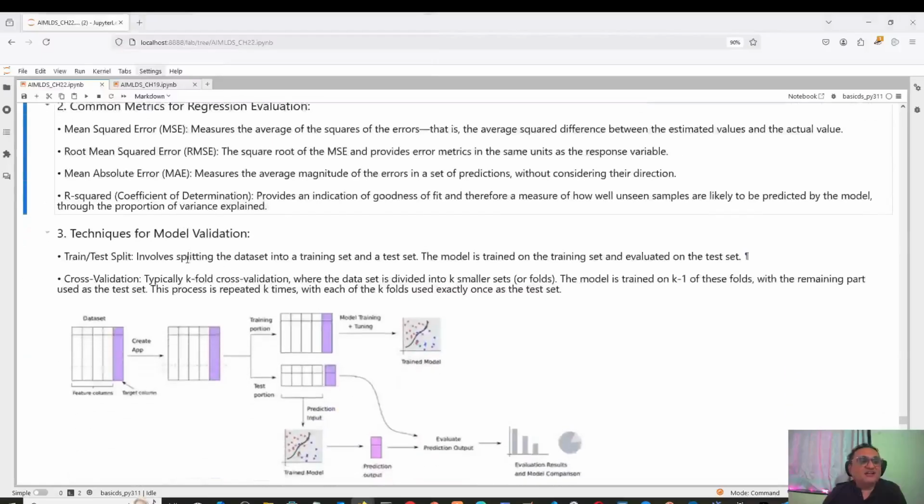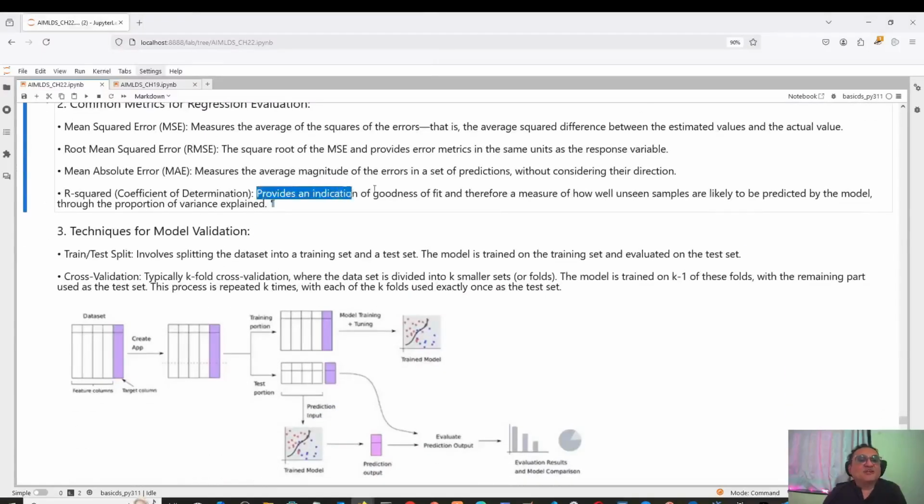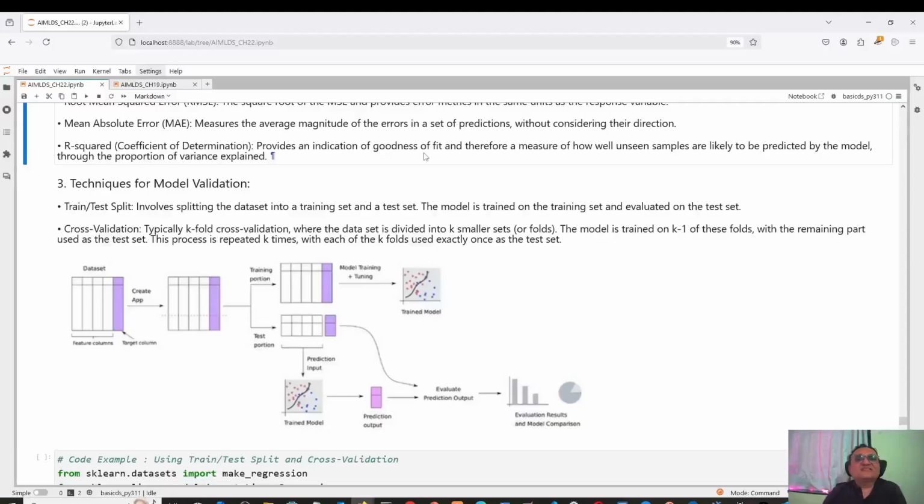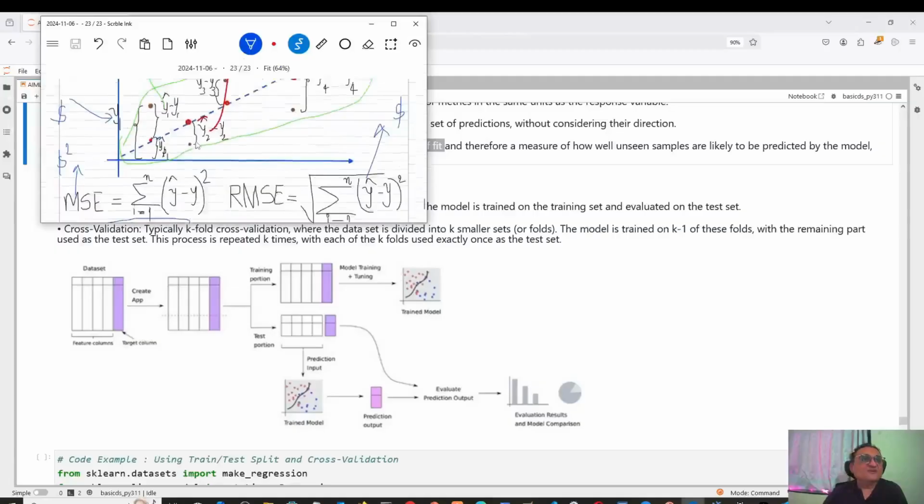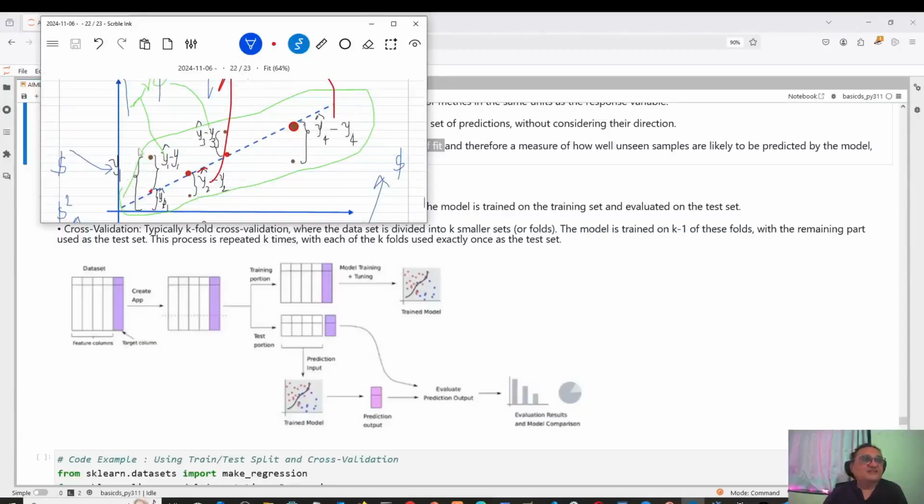But the fourth quantity, that is R square, called the coefficient of determination, is a slightly different thing. It provides an indication of goodness of fit. So that means I can take several lines which pass through my given set of data points. Suppose there are 10,000 data points here in this green region.